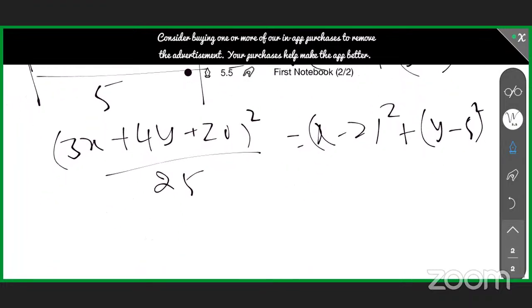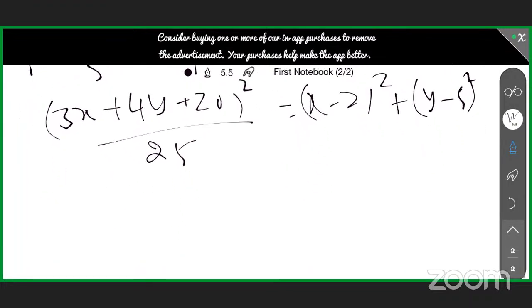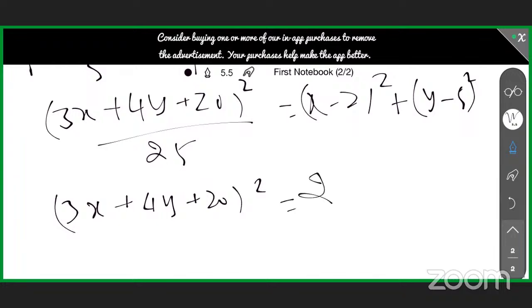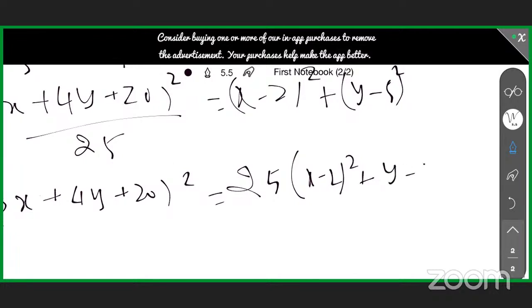Half for the plus, which is equal to 3x plus 4y plus 20 whole square, minus x minus 2 whole square plus y minus 5 whole square. Use a big bracket.